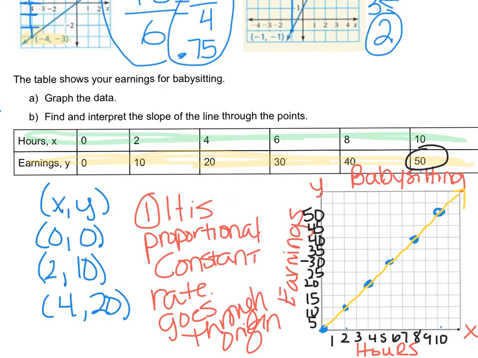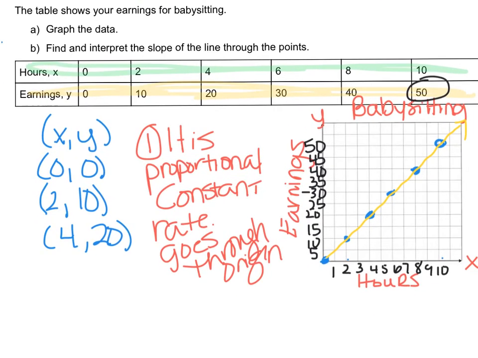We really didn't need to write that it was proportional, but I wanted to make sure that we understood that and remembered it. But here it says find and interpret the slope. We can choose any one of those points, okay? Any one of those, and we can start at that point. So I'm just going to choose to start at 0, 0 because that sounds easiest.